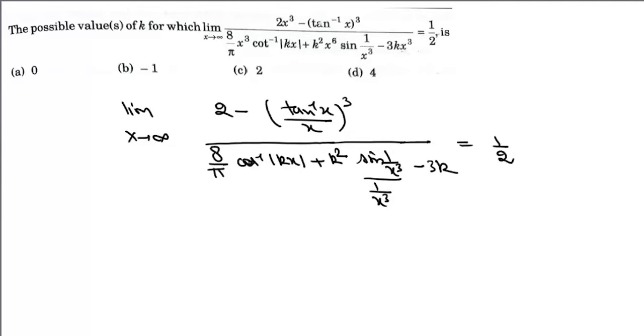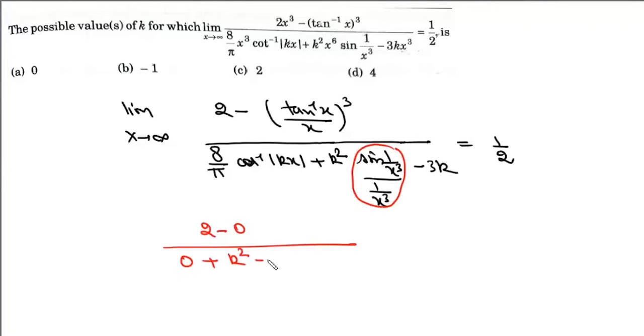Now we'll take this limit x tends to infinity. Now this is 2 minus, tan inverse infinity is pi by 2 and pi by 2 upon infinity is 0. Here this is cot inverse infinity, and cot inverse infinity is 0. So this is 0. Here sin x upon x, when 1 upon x cube tends to 0, it is 1.